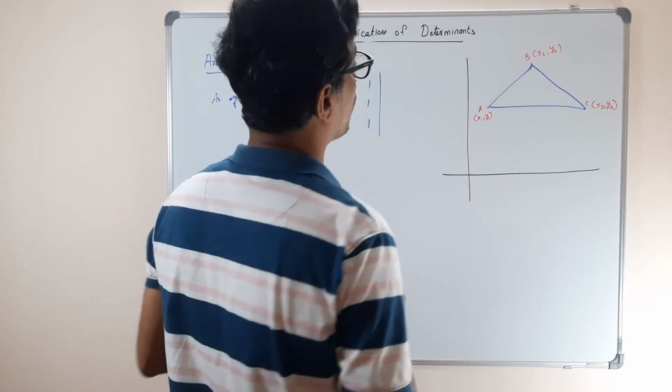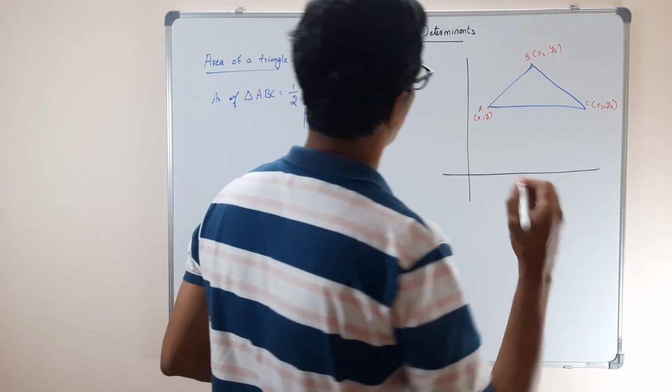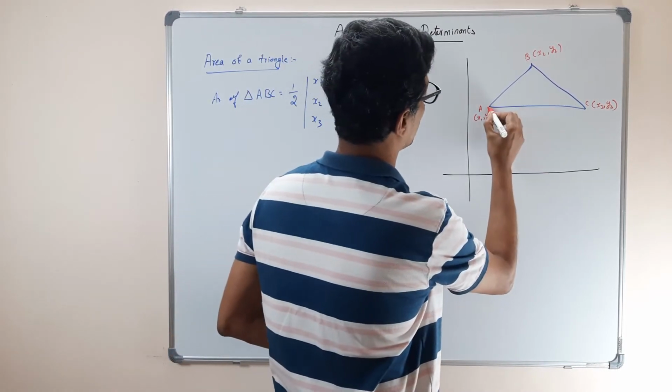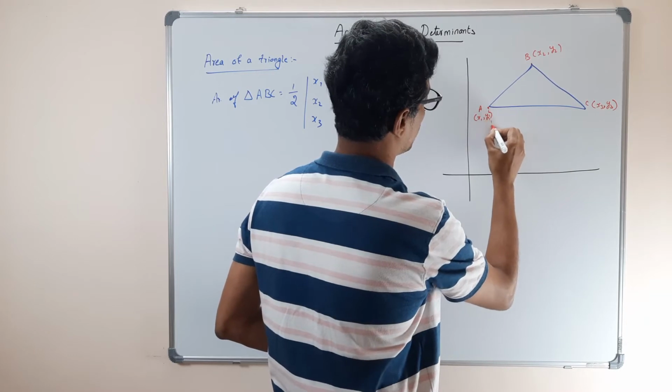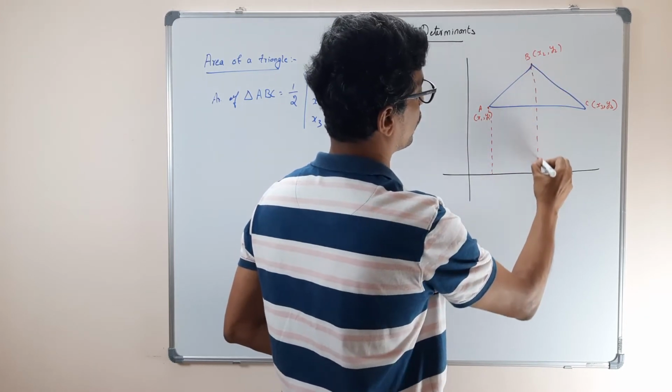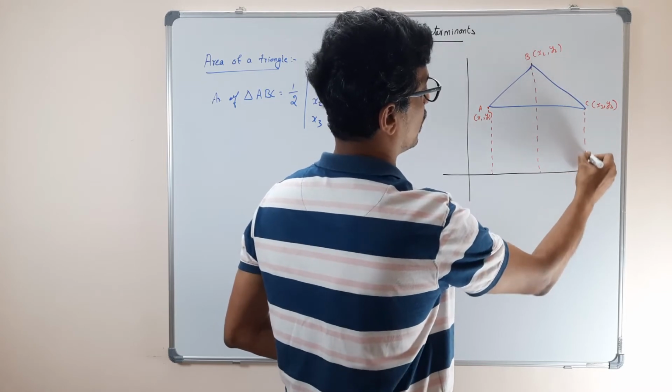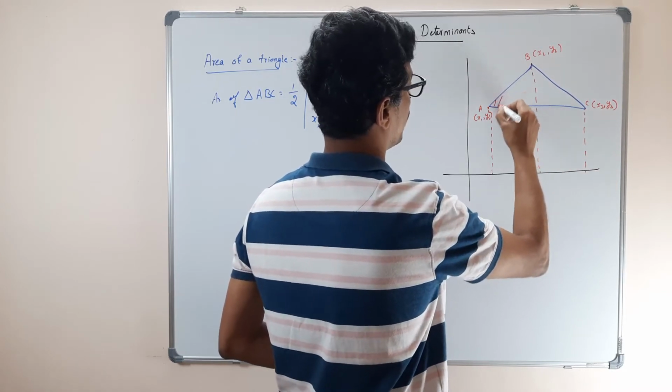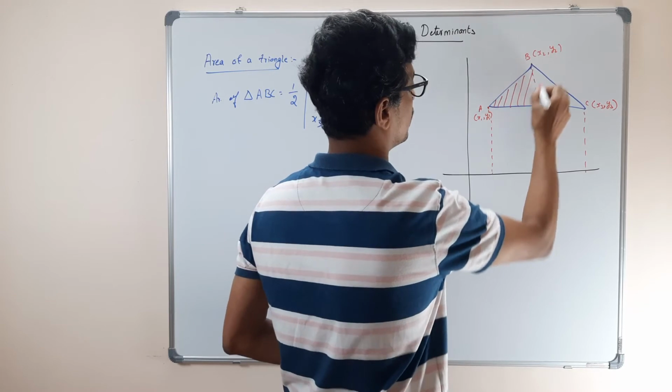Okay, how are we going to prove it? The proof is easy, but you have to do it in a lengthier way. So I am going to drop these perpendiculars down. What you want to find out is the area of this triangle, correct?